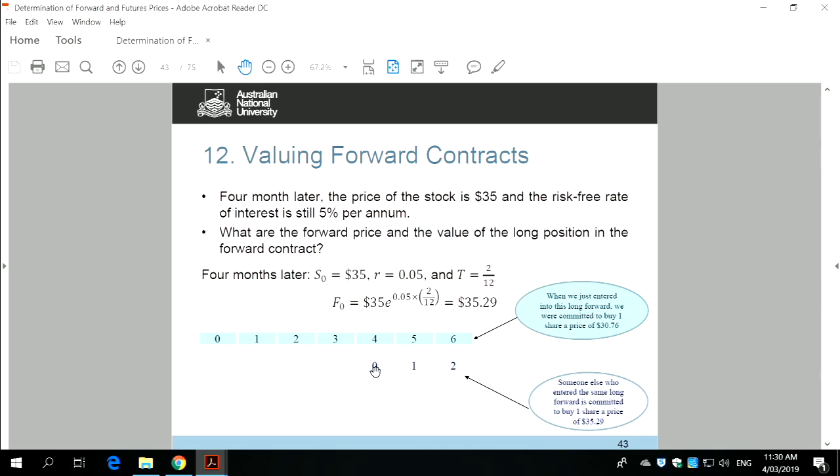Any other questions before we move on? Yes? Okay, so if you get an updated risk-free rate, then you're using the updated rate to work out the updated forward contract.